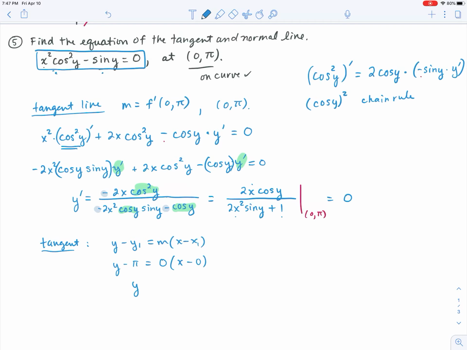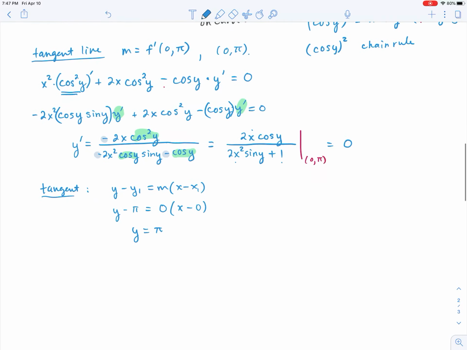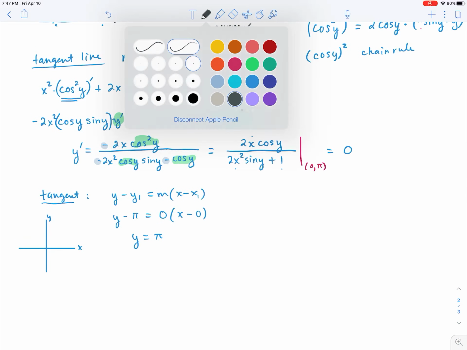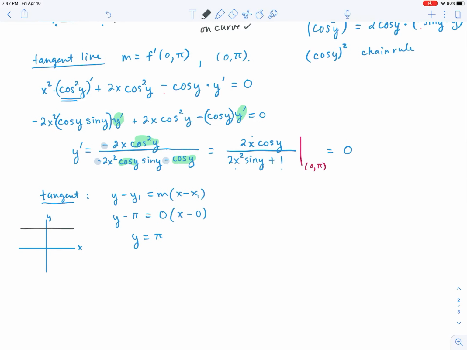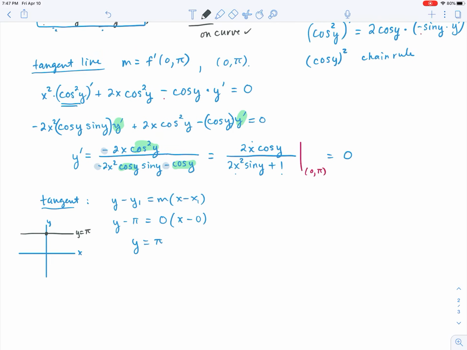So y equals pi is our tangent line. Our tangent is a horizontal line. Again, we're looking at the point (0, pi), so here's our point.